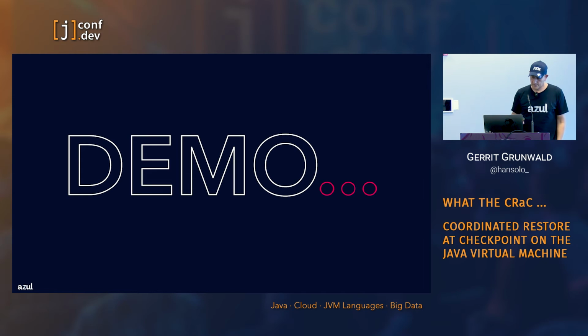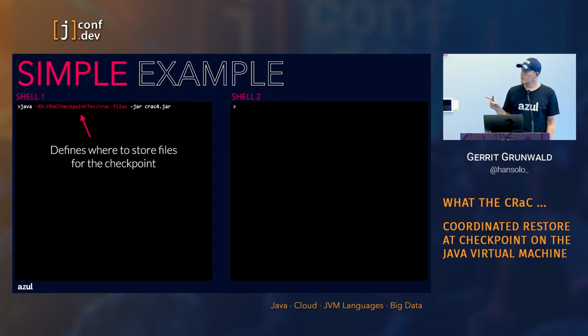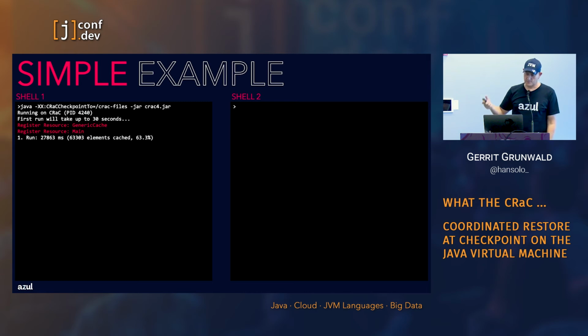Okay, so what I do here, and it's really hard to see, I'm sorry, I have two shell windows, one on the left side and one on the right side. On the left side, I just start my jar file with this parameter and point it to the CRaC-files folder. And then I start it up, and it will show me, because I just added some outputs here, the order in which I registered the resources.